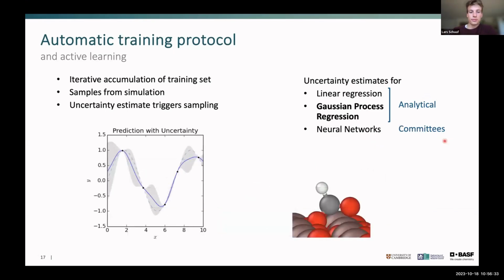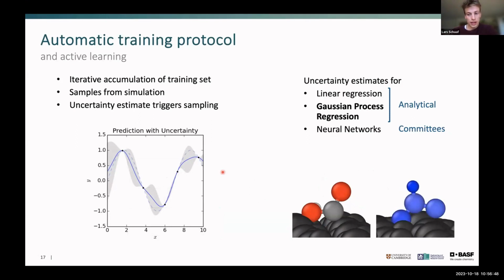So we have an uncertainty, and for example, if I show you a simulation of a potential that hasn't seen many molecules before, you can see that it's not very good. But what the uncertainty helps us with is that we can immediately see when our machine learning force field is encountering a configuration that it hasn't seen before. So this is a bad machine learning force field that has basically no training data including molecules.